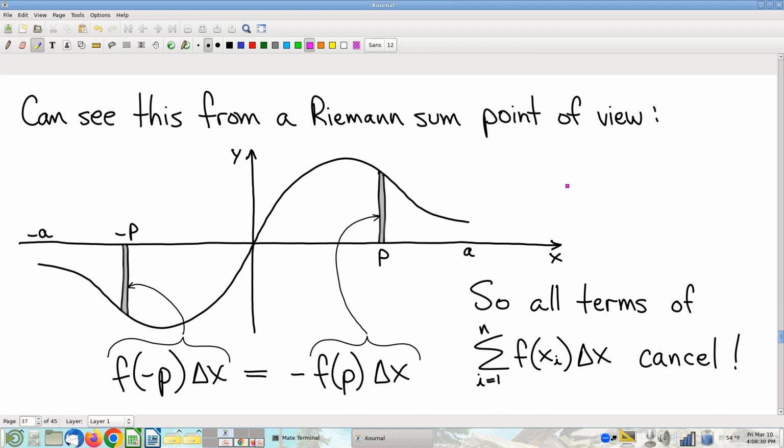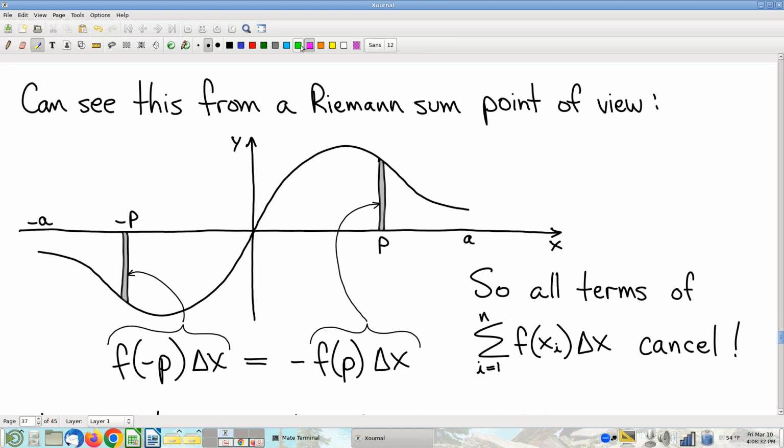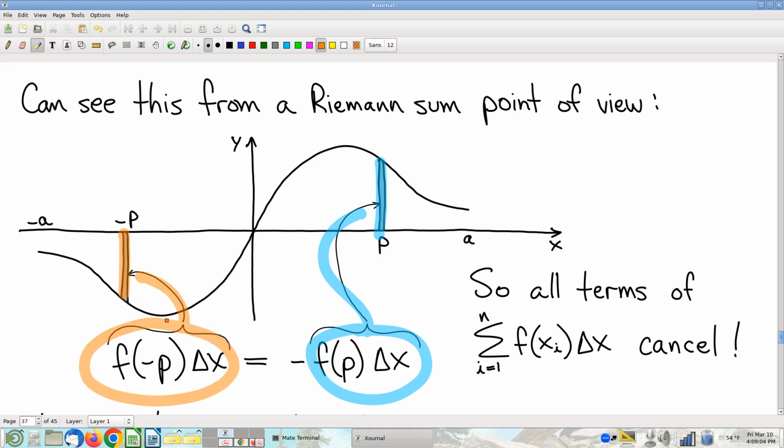Real quick though, why does it work? Remember, integrals are Riemann sums. Here I have my interval from negative a to a, so this is my symmetric interval. Let's look at the terms in the Riemann sum. Here's a term in the Riemann sum at some point p: the value of the function times delta x. That's the corresponding entry in the Riemann sum. Now let's look at the term at the reflected point, negative p: the value of f at that point times delta x.